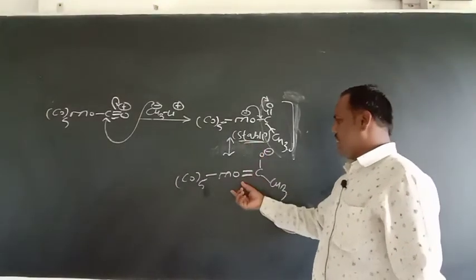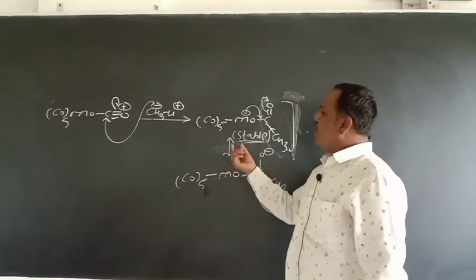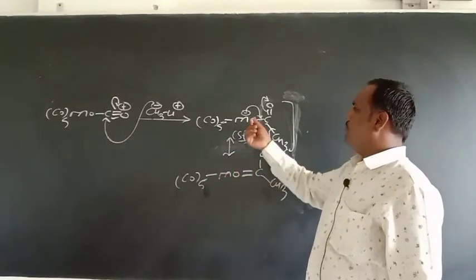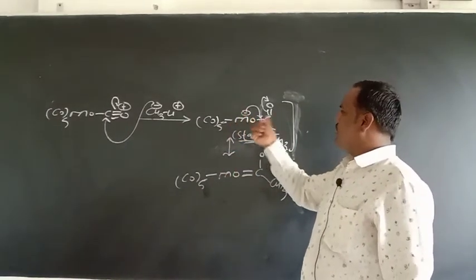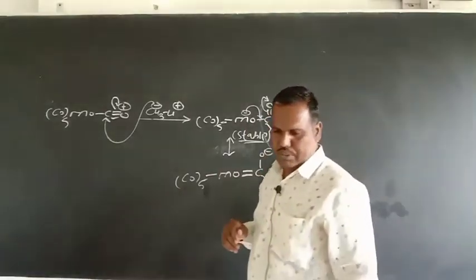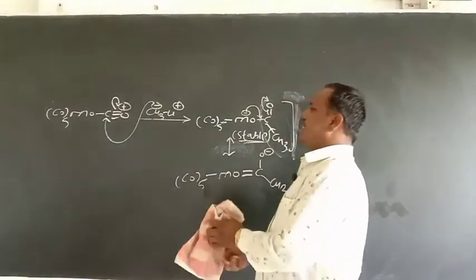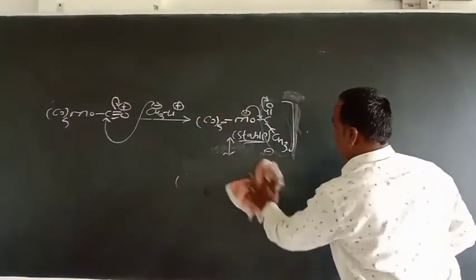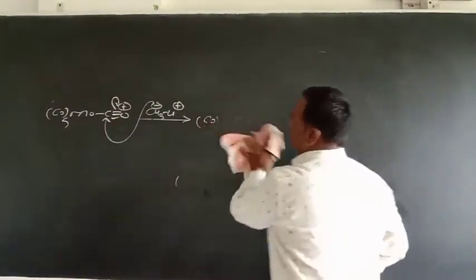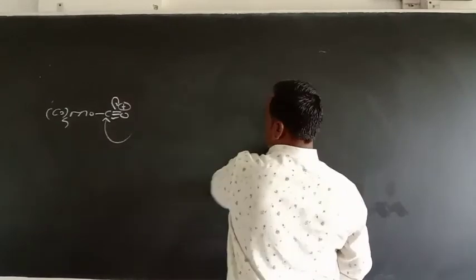It will be observed in two different forms because the negative charge is present on this metal atom. So this is regarding agostic interaction, or the reactions of coordinated ligands, that is reactions of carbonyl ligands with nucleophile.